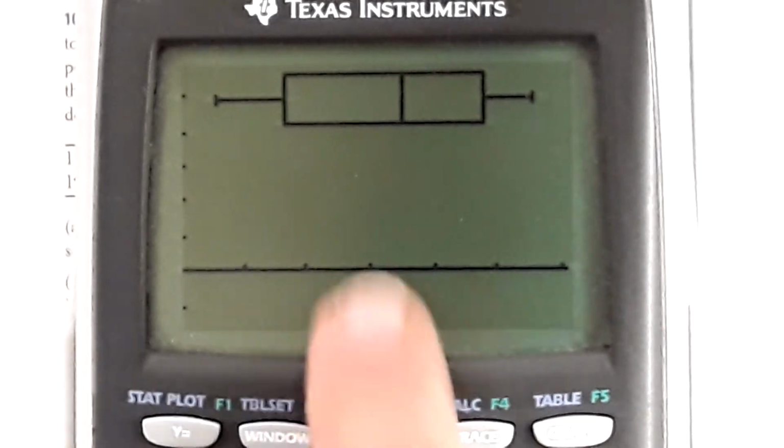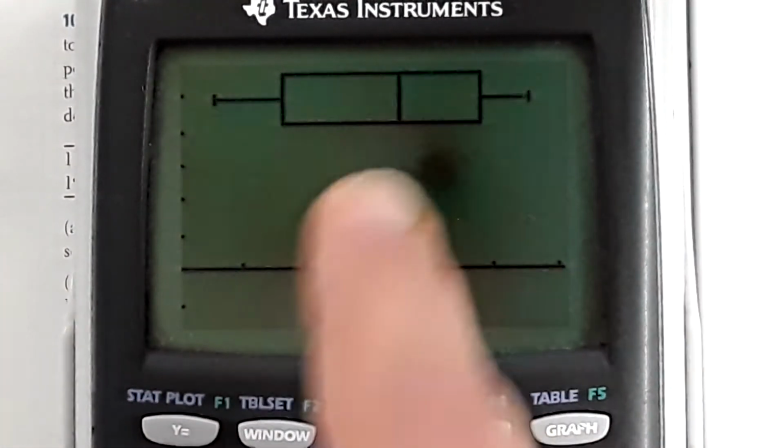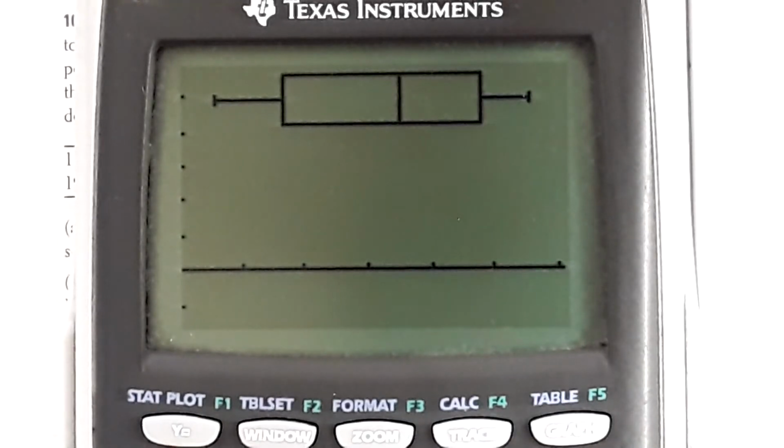It's not horrible. That bar right there isn't great, but it's not horrible. So it's approximately normal, right? It's approximately symmetrical with no outliers. That means we can continue, okay? It's not great, but it's approximately symmetrical. There's no outliers. We can continue.